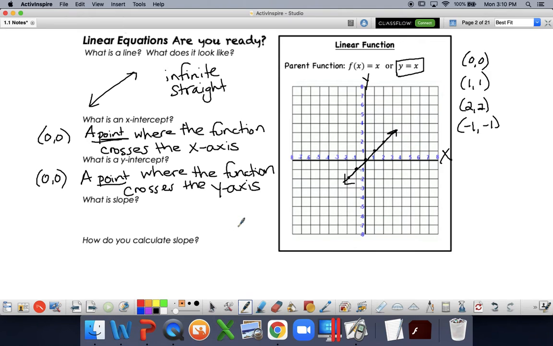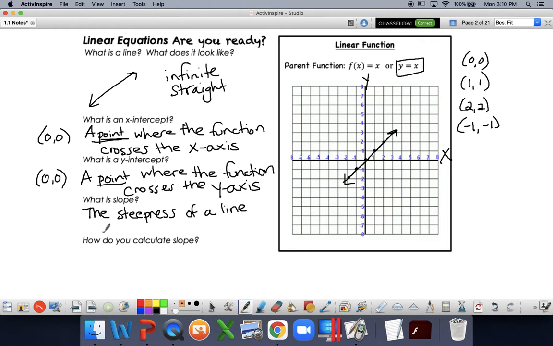Now, slope is something that comes up quite a bit. Slope is probably something that you remember from both Algebra 1 and geometry. We cover it quite a lot. It will definitely be a question on the ACT. So slope is the steepness. How steep is your line?